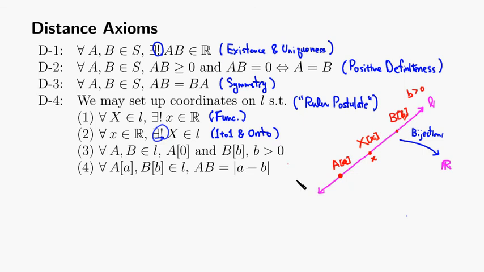The distance AB, from here to there, is just the absolute value of the difference between the coordinates. So once you know the coordinates, we can find the distance: just find the difference and take the absolute value. That's how we define distance. So these are the distance axioms from D1 through D4. That's it. I hope that this was clear.